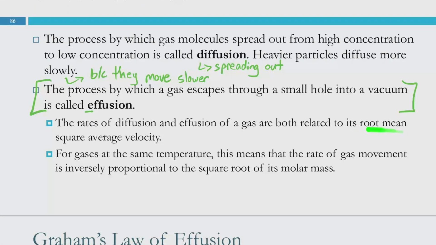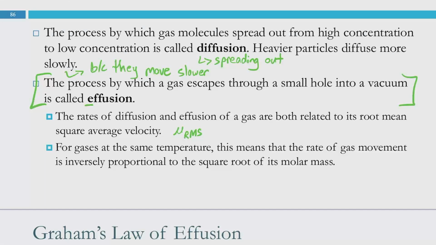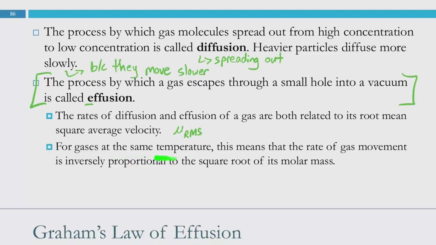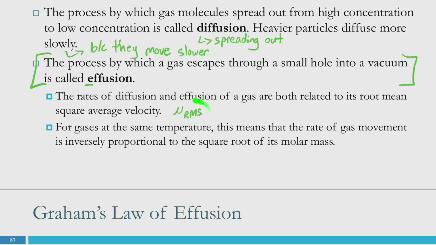And these are both related to root mean square velocity, which remember is this mu RMS that we calculated previously. For gases at the same temperature, they're going to have the same kinetic energy. The rate of gas movement is inversely proportional to the square root of molar mass. That's one of the properties of this mu RMS.